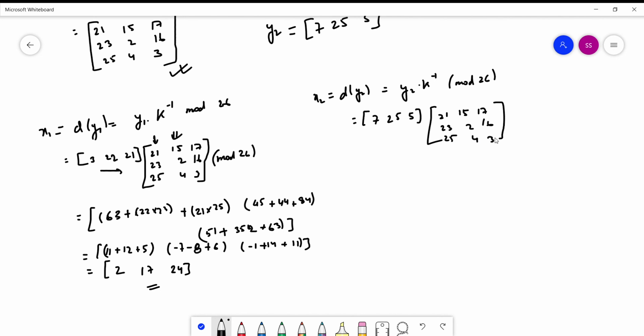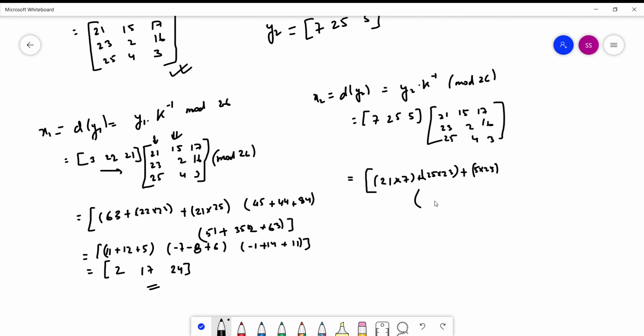Okay, if you solve this equation you will get 21 into 7, sorry, 21 into 7, not 3, 21 into 7 plus 25 into 23 plus 5 into 25. Okay, this is my first term.